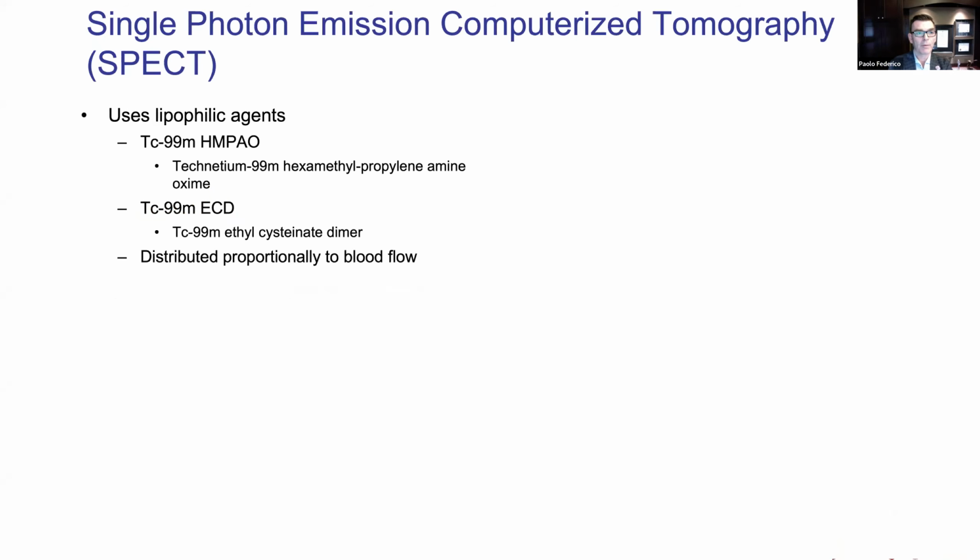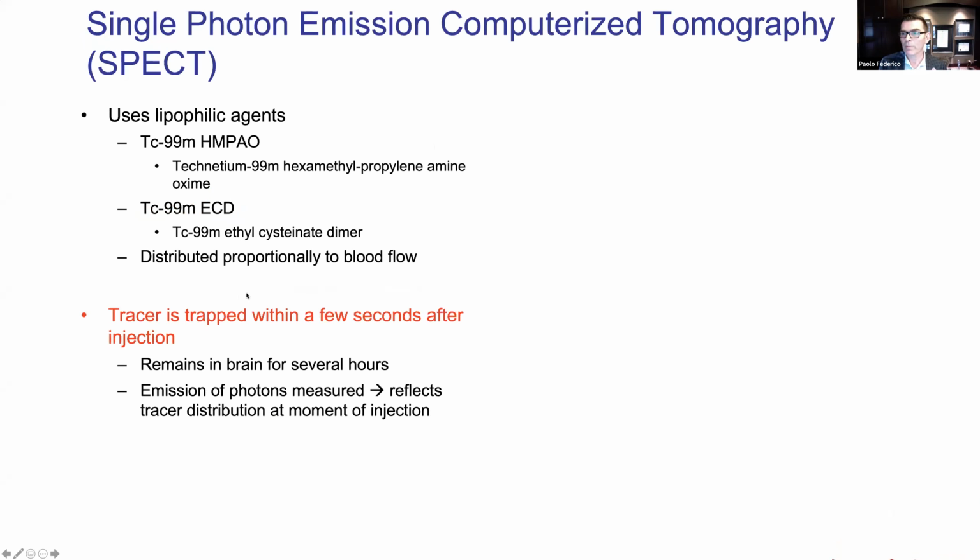So first I'll talk about single photon emission computerized tomography, or SPECT. It uses lipophilic agents such as HMPAO or ECD, and it's distributed proportionally to blood flow. So it's a marker of blood flow. What's really important that some people don't understand, especially with an ictal SPECT, is that when the tracer is injected, it's trapped within the brain within a few seconds, and then it remains there for several hours.